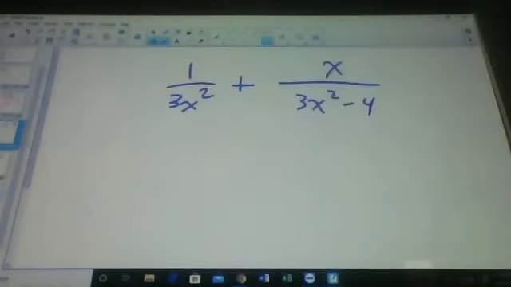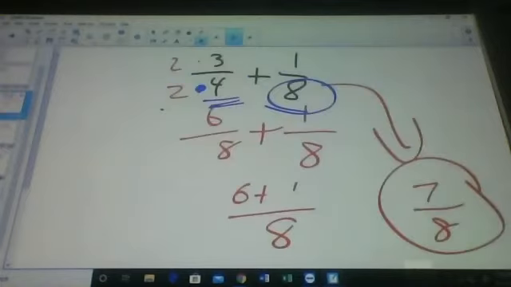So down here, where we are tempted to say, oh, yep, 3x squared minus 4 is the least common denominator, and we're just going to subtract 4. No, that is exactly what you don't do. You must figure out what the denominator is, and multiply. You have to always multiply.